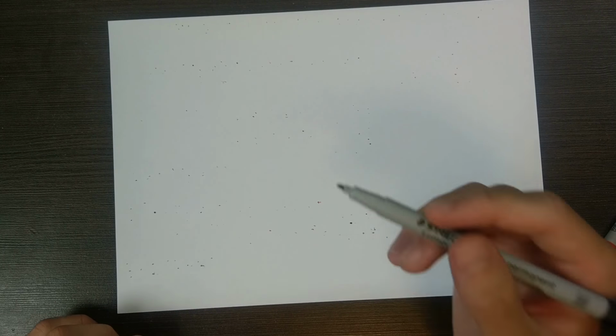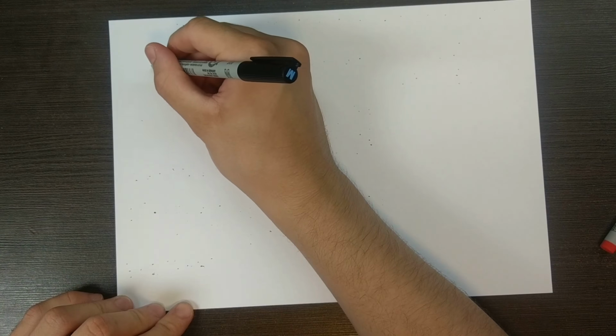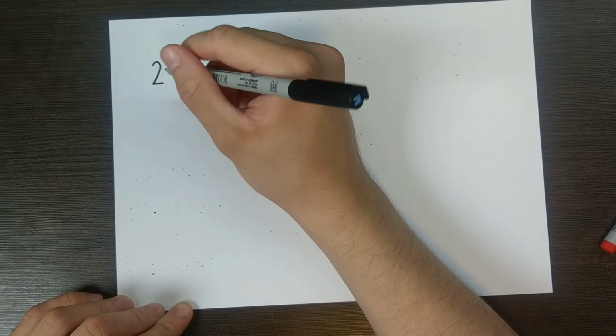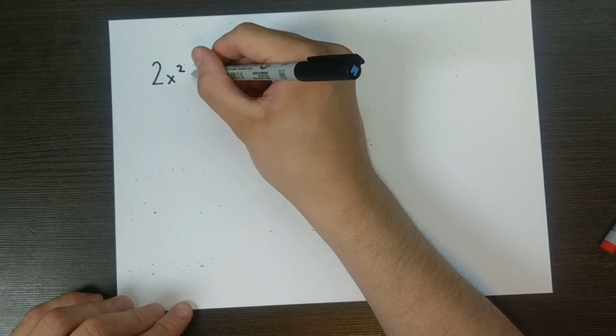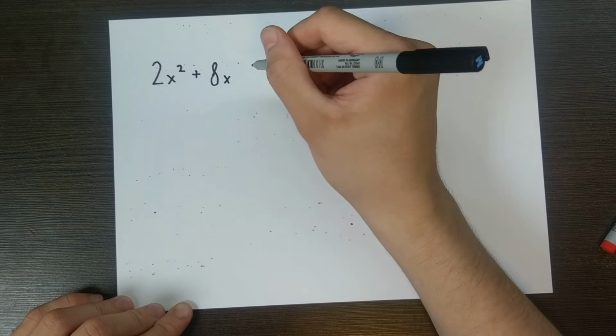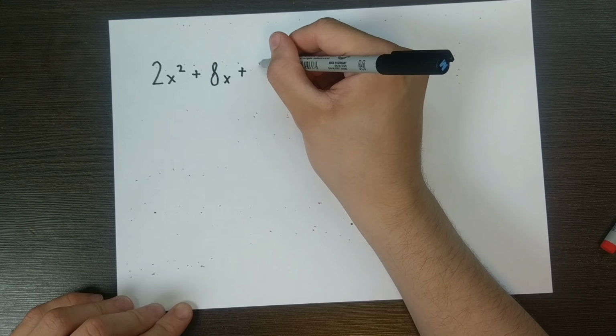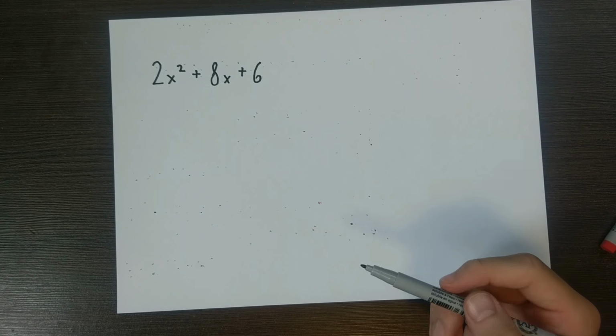Ones where the x squared is more than 1. So, for example, if we do 2x squared plus 8x plus 6. Now, how do we solve this?